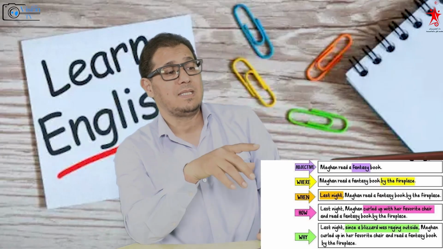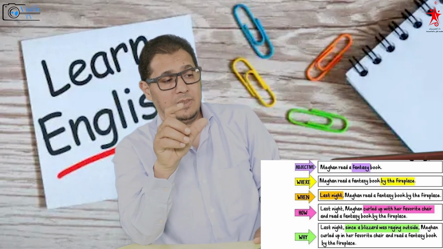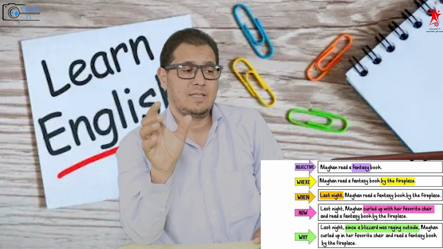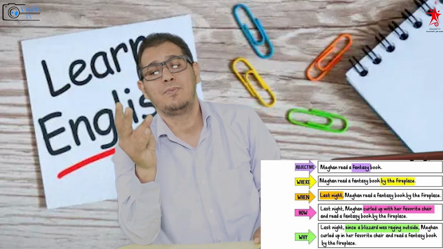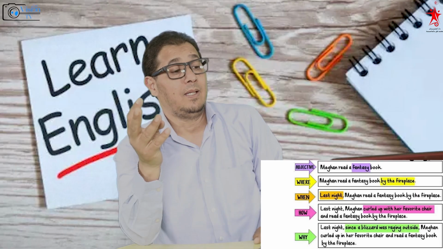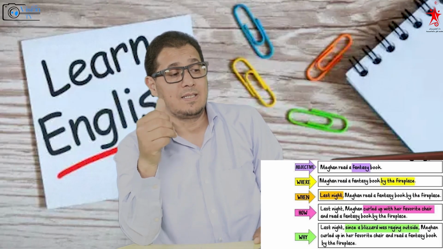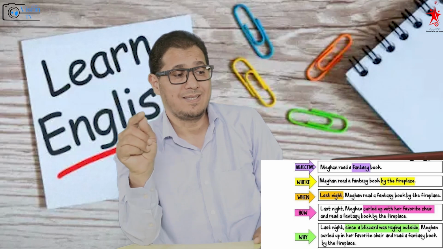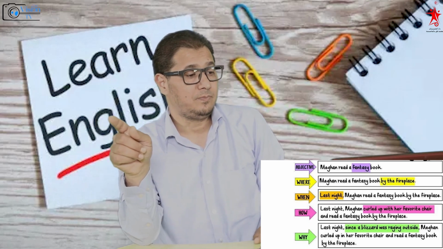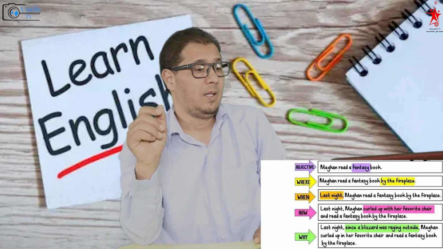So, for example, this sentence was simple like this: Migan read a book. Is a simple sentence of the second or the third type, اللي هو subject plus verb plus object. What we added is in the first step we added an adjective اللي هو fantasy. Migan read a fantasy book, يعني a fictional book.